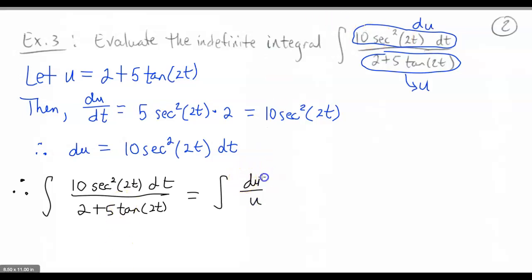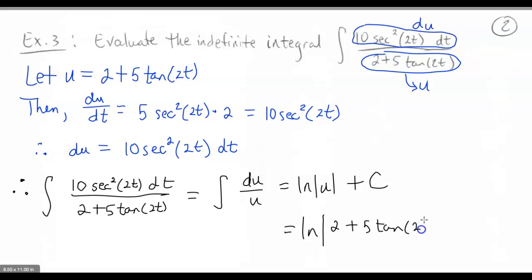And of course, again, the antiderivative of 1 over u times du is just going to be the natural log of absolute value of u plus our integration constant. And we know that u is actually 2 plus 5 times tangent of 2t. So 2 plus 5 times tangent of 2t plus c. And that ends up being our final answer there.